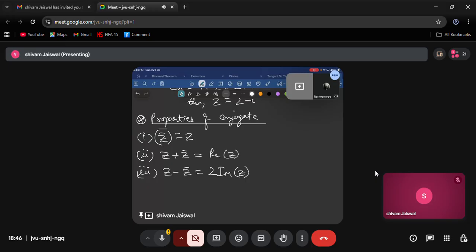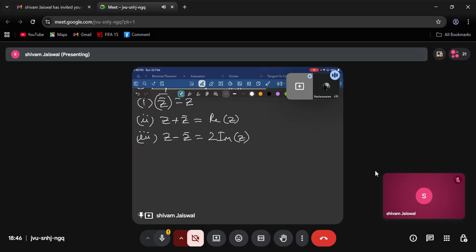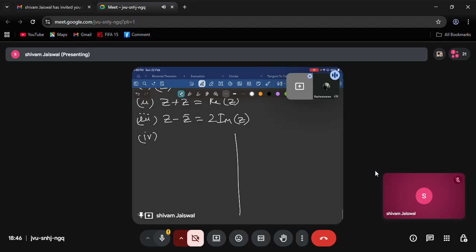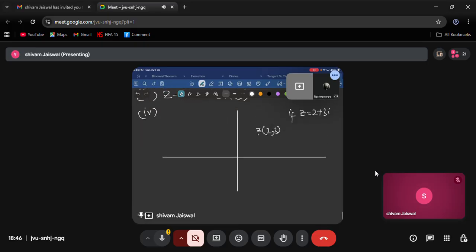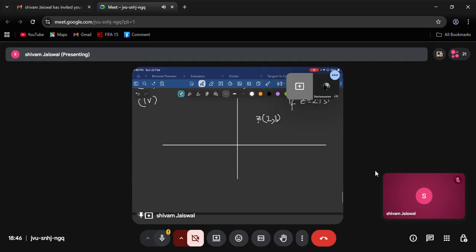Next. Also, there is one illustration you will understand. Let us plot z in the complex plane. If z is equal to 2 plus 3 iota, this is where z lies. Where will z bar lie? Tell me. It will be the mirror image along the x-axis.